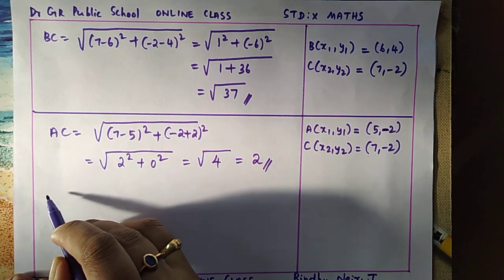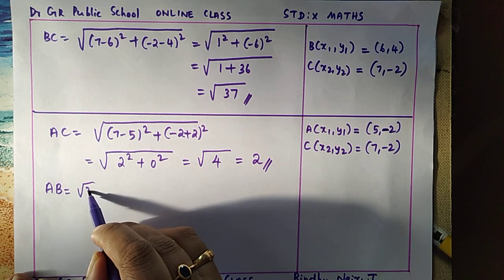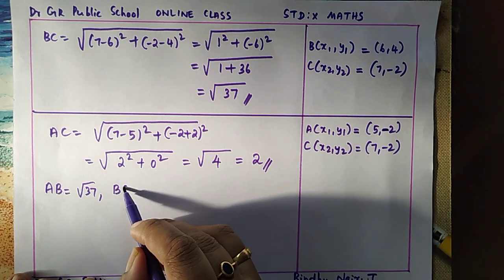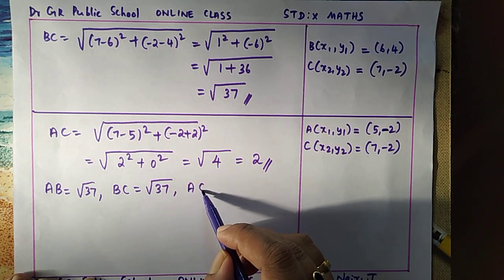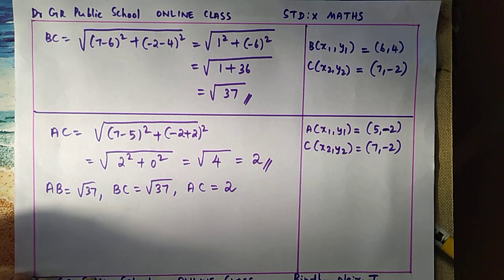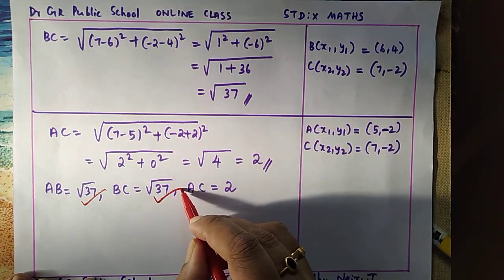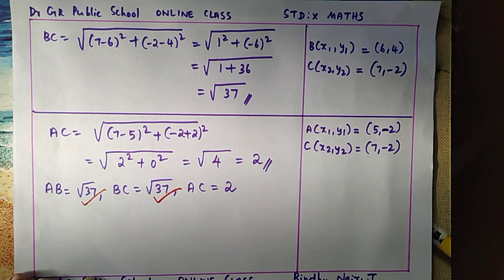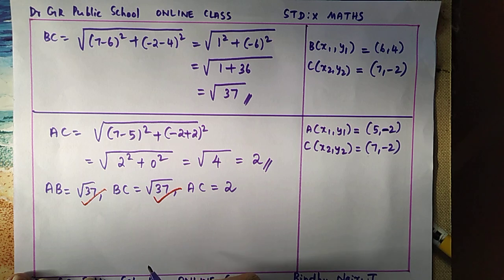Thus, you got the three distances. First we found AB came root of 37. Second distance BC came root of 37. And third distance AC became 2. So what you can understand here? First distance and second distance, that is two sides length are equal. Correct?